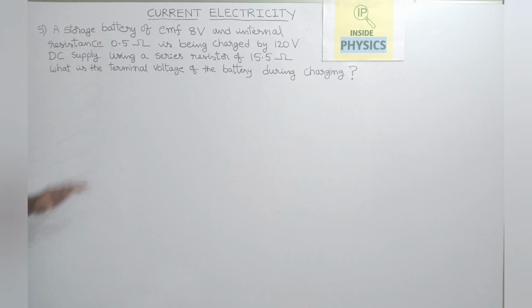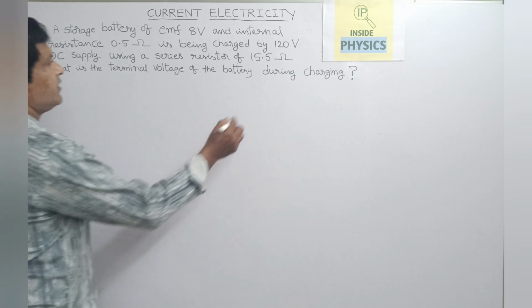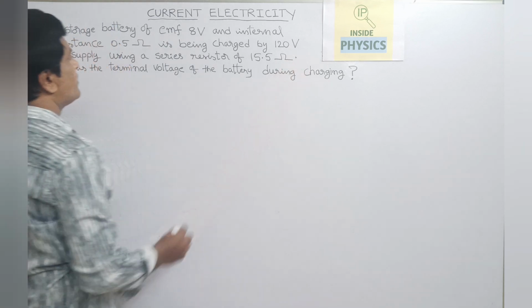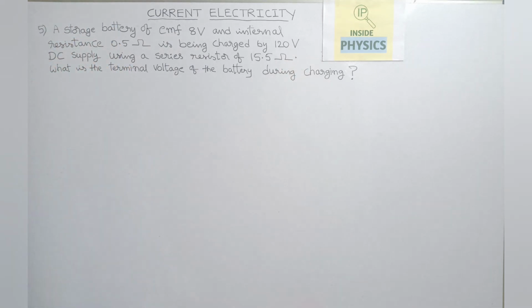A storage battery of EMF 8 volts and internal resistance 0.5 ohms is being charged by a 120 volts DC supply using a series resistor of 15.5 ohms. What is the terminal voltage of the battery during charging?